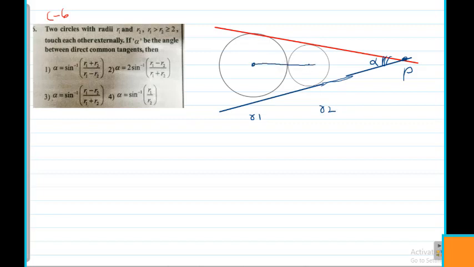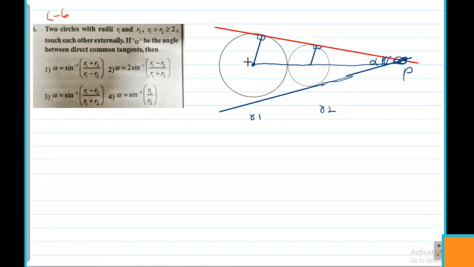From the basic theorem, the center of the circle and the point of tangency of both the tangents are collinear. They are lying on the same straight line. So this is the radius of the first circle. This is the radius of the second circle. They are perpendicular.